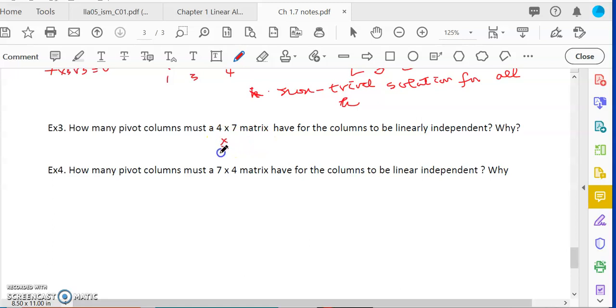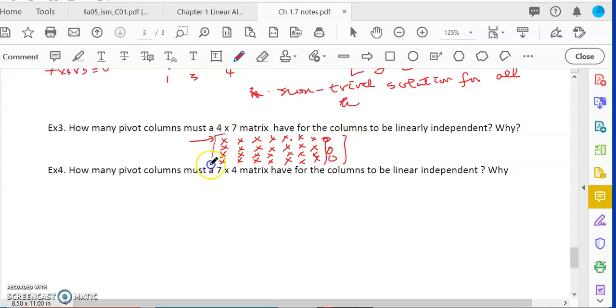So you have 7 vectors, but only 4 rows. And then you are to think of 0, 0, 0.